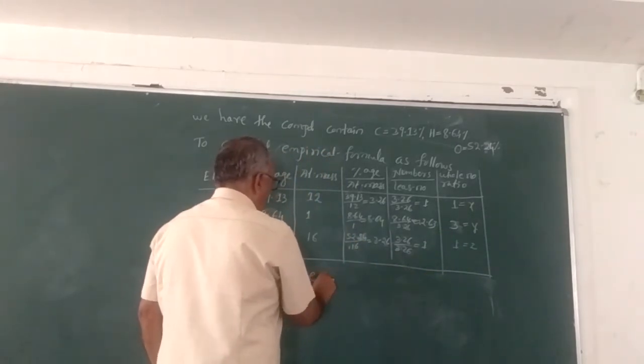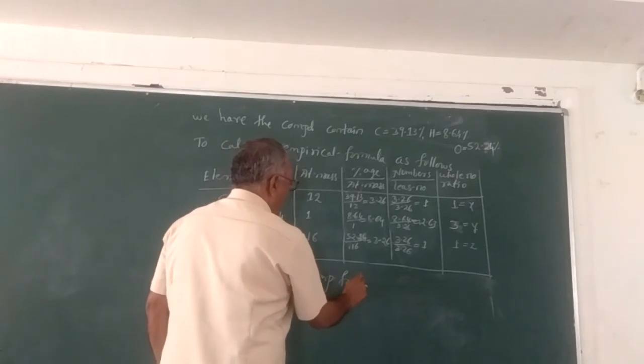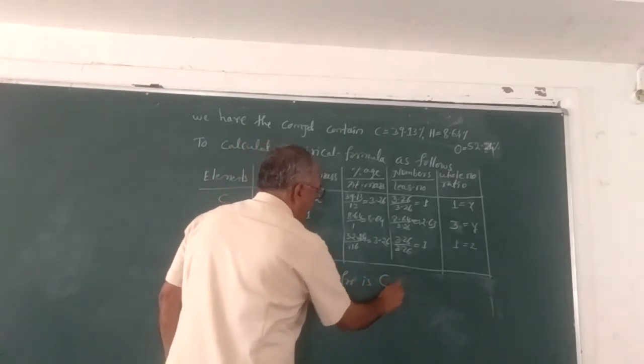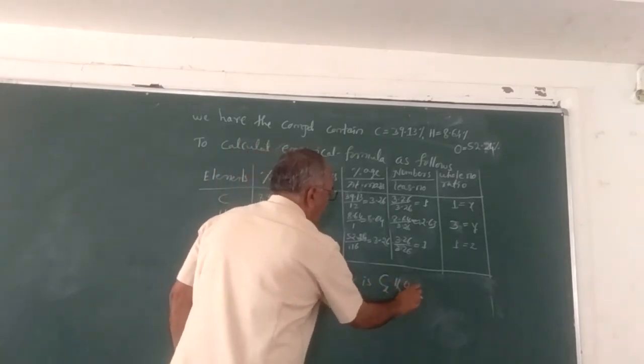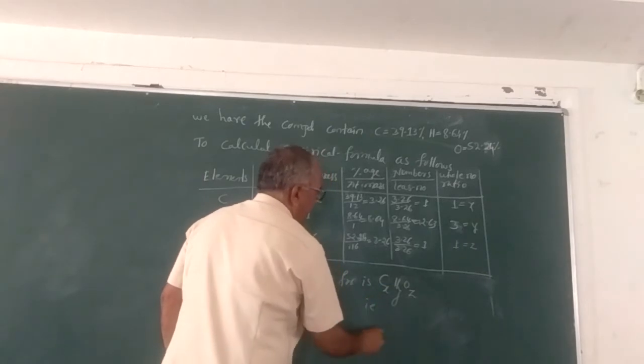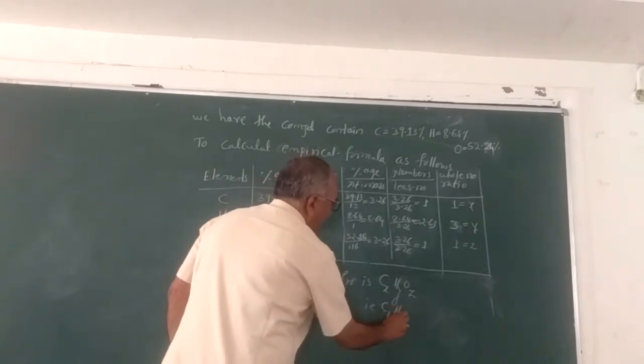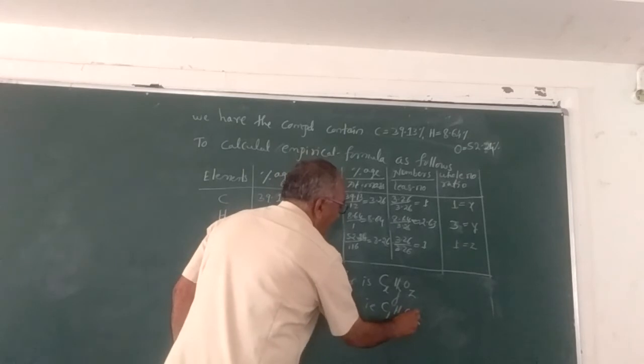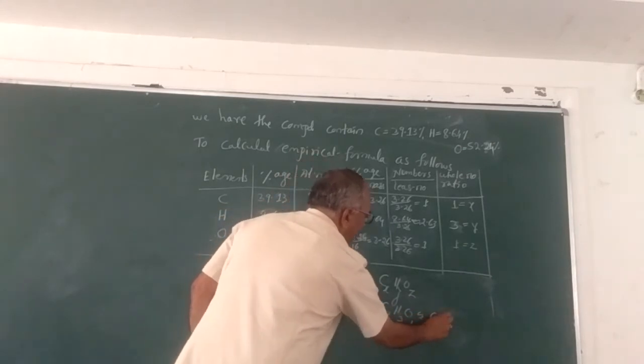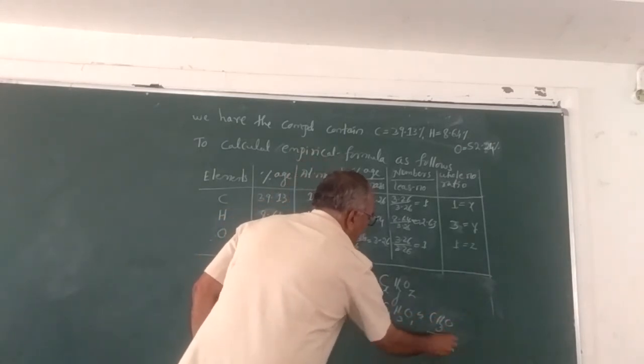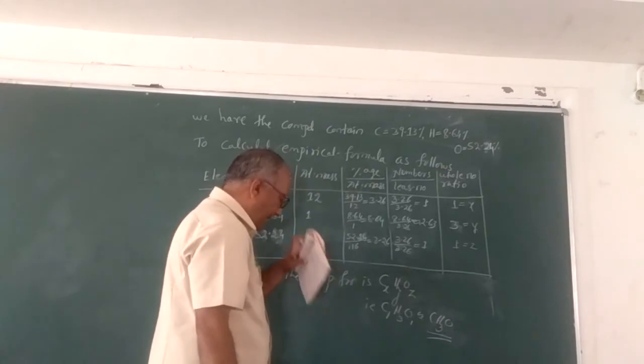Therefore, the empirical formula is CxHyOz. That is C1 H3 O1 or CH3O. This is the empirical formula of the compound.